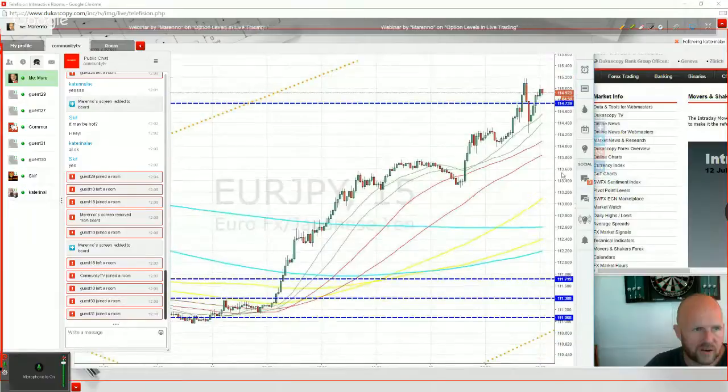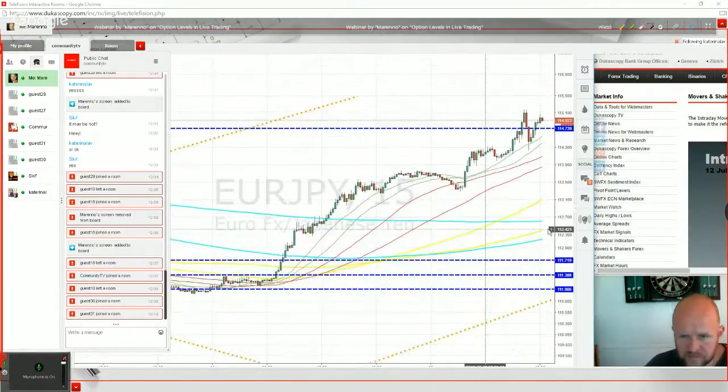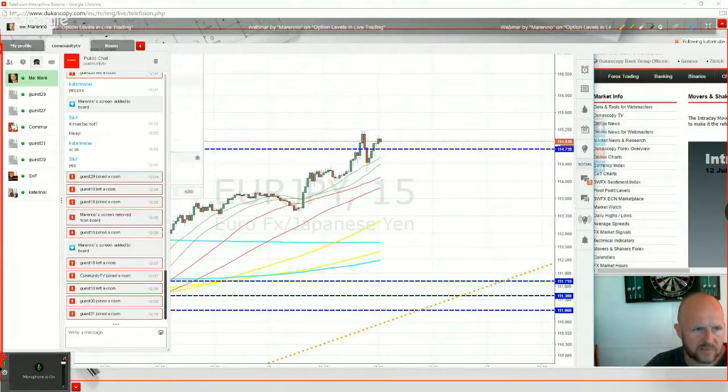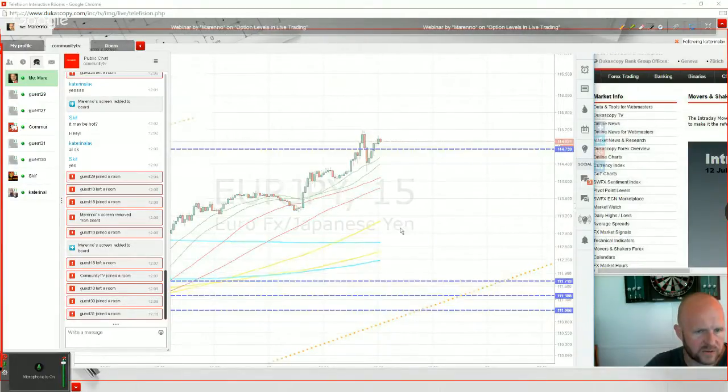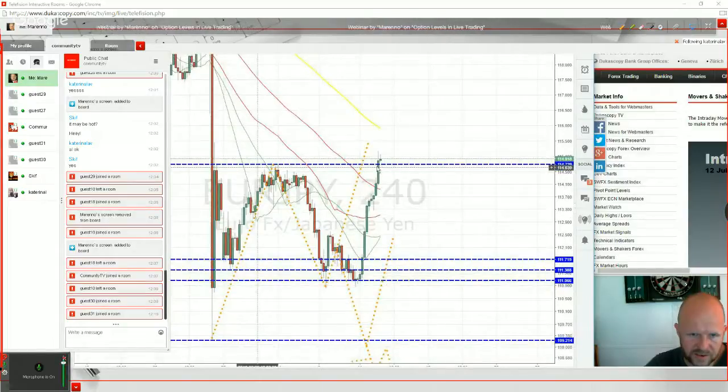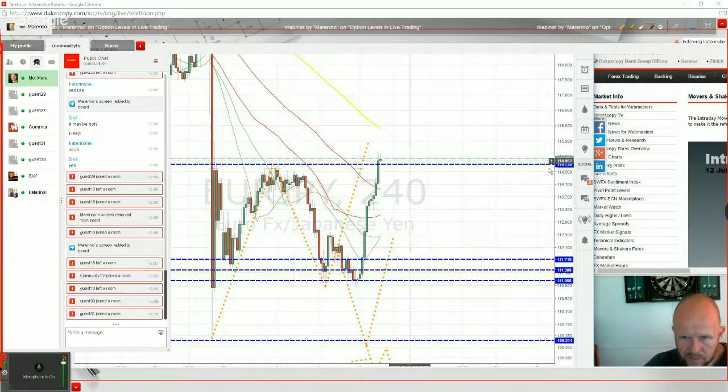Okay, it's Euro-Yen. What can I see here? Let me switch to the 4-hour chart. We have already triggered this high here, broken through this line at 114.739, which was a very good resistance.